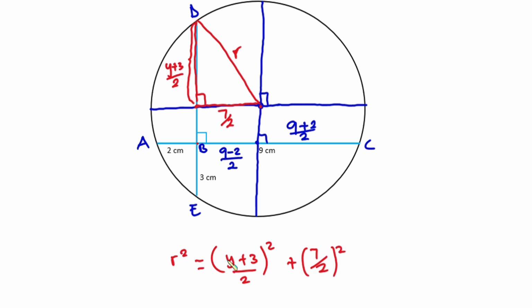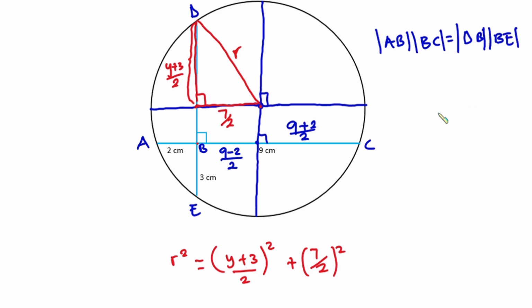So how can we find Y? Now let's use this formula. The product of the distance from A to B and then B to C is equal to the product of the distance from D to B and B to E. So we have the product of A to B and B to C is equal to the product of D to B and B to E, right?